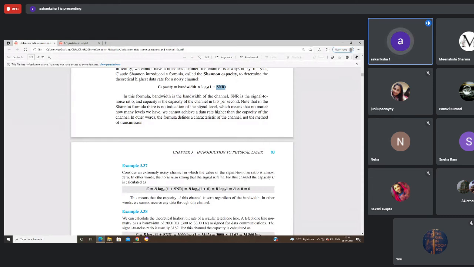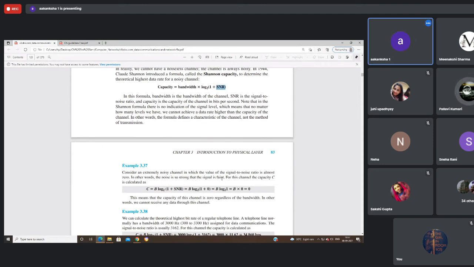How could it be 0? And if noise is 0, then the SNR will be infinite. In other words, the noise is the signal.